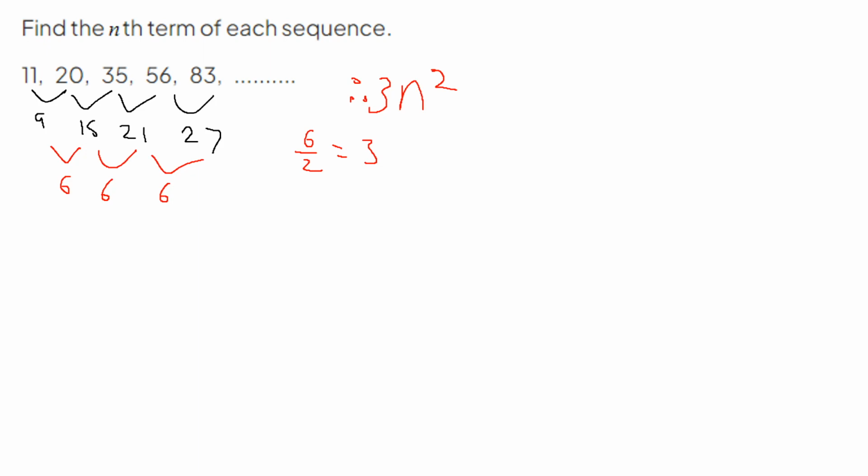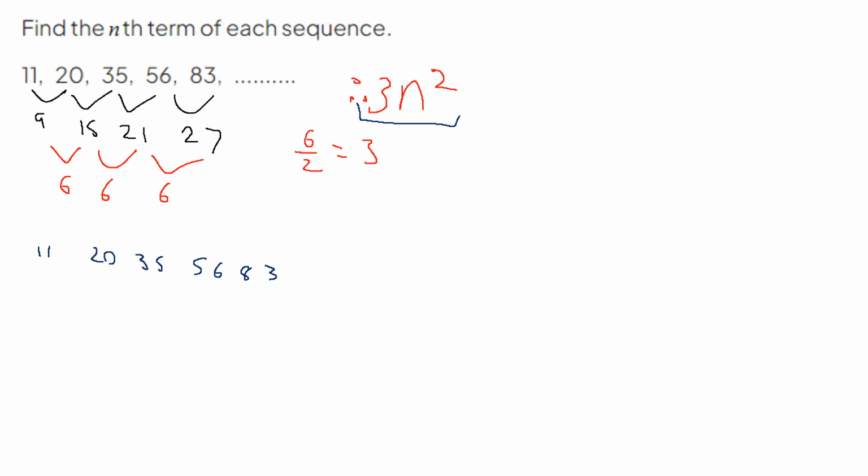Okay? So now what we're going to do is subtract 3n squared from 11, 20, 35, 56 and 83. So let's take a look. We got 11, 20, 35, 56, 83.